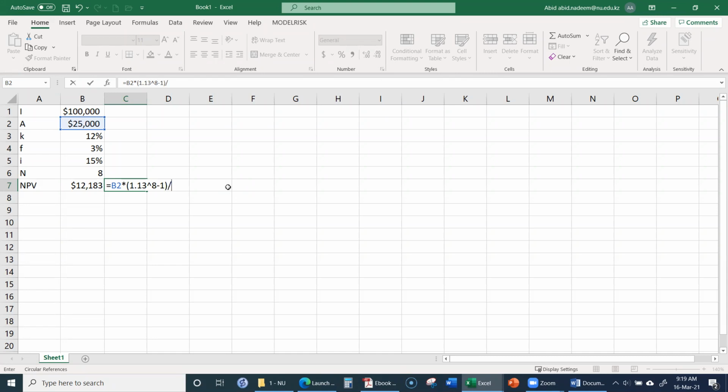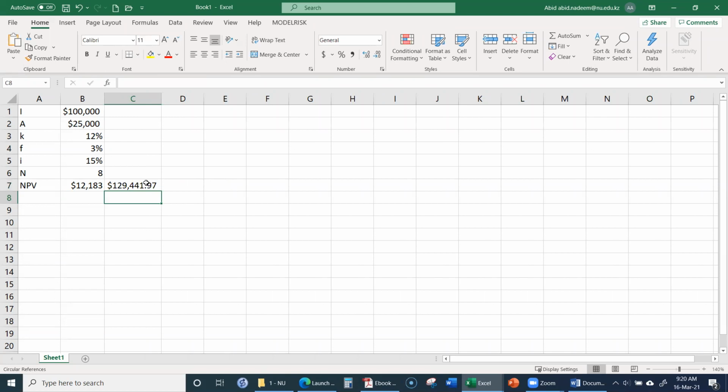Okay, and then divided by 0.15 multiplied by 1.15 power 8. And this was also 1.15. Okay, just for checking. So it is 129,000.